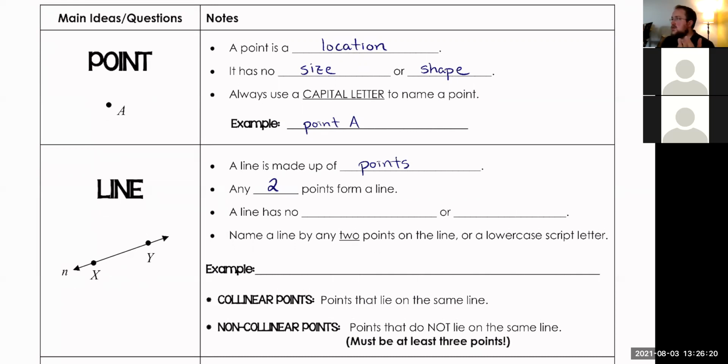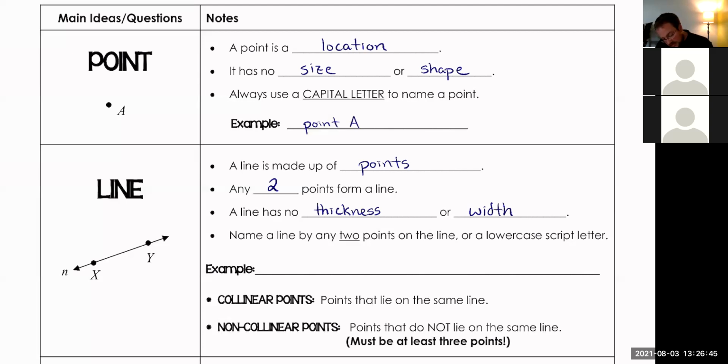In fact, we'll learn later that the shortest path is a straight line between 2 points. A line has no thickness or width. In other words, it only has a length.